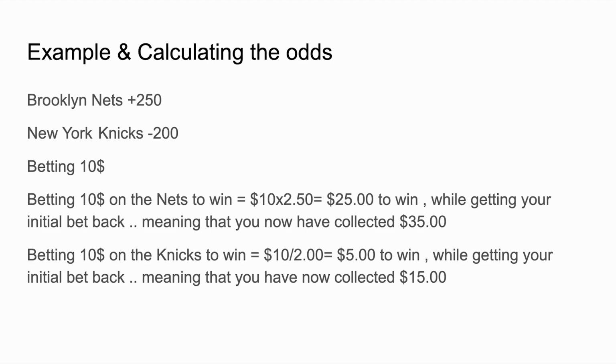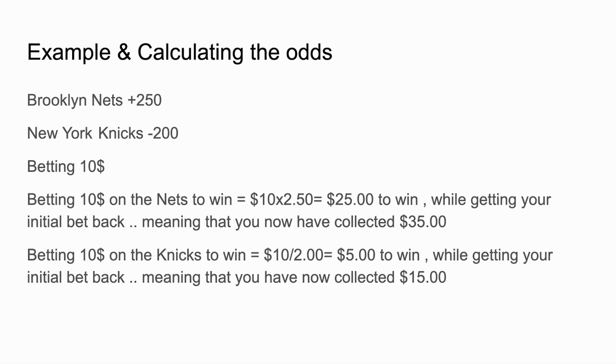If you bet $10 on the Knicks to win, the way you would do the math to see what you would be winning is to put in the amount that you bet, which would be $10 in this example. And this time, instead of multiplying, because they are the favorite to win, you would divide. You would do the same thing with the decimal, putting it between the first number of the odd and the second number of the odd.